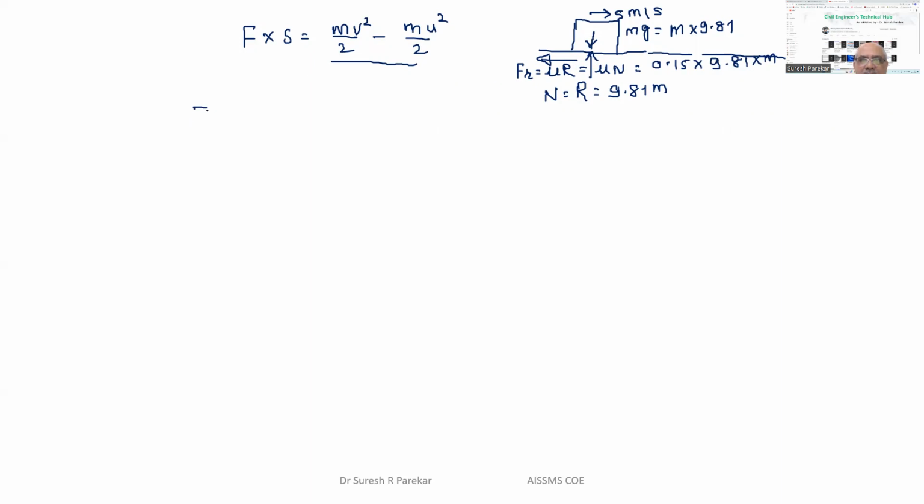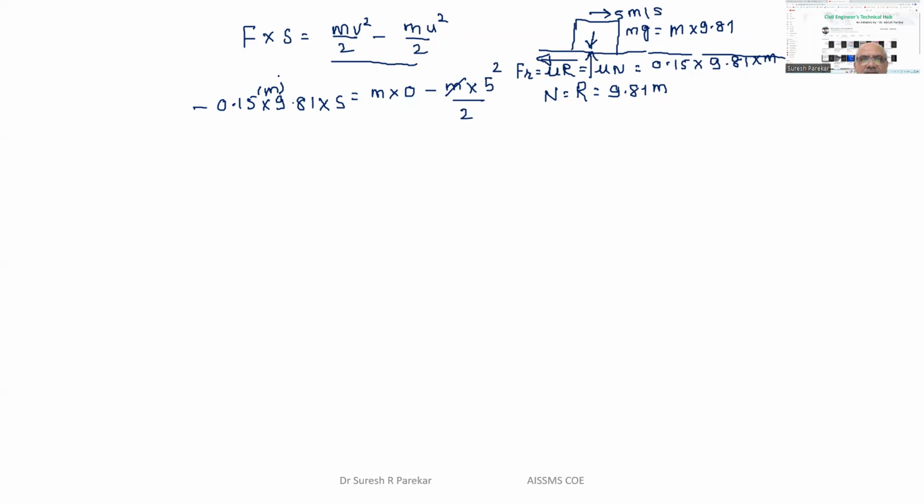And therefore we have minus 0.15 into 9.81 into m into S, the distance covered, which is equal to m, final velocity is 0, minus m initial 5 square by 2.